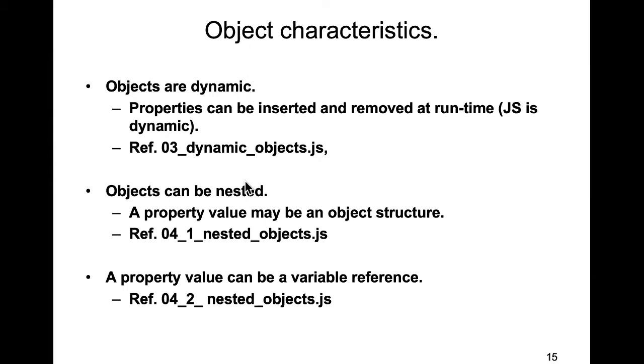That we could add or remove properties after an object has been declared. And in terms of objects being nested, the idea there is that a property within, or many properties within an object, the values could actually be objects themselves.